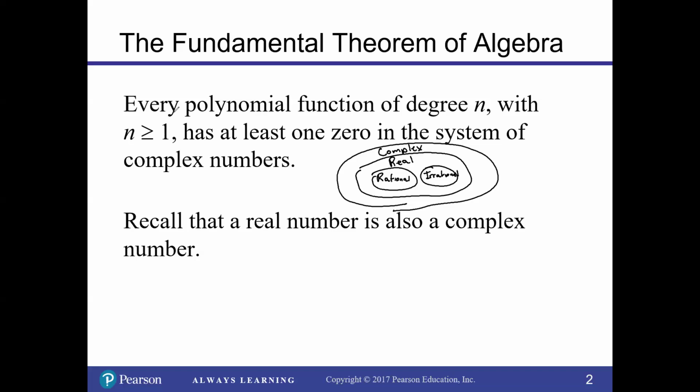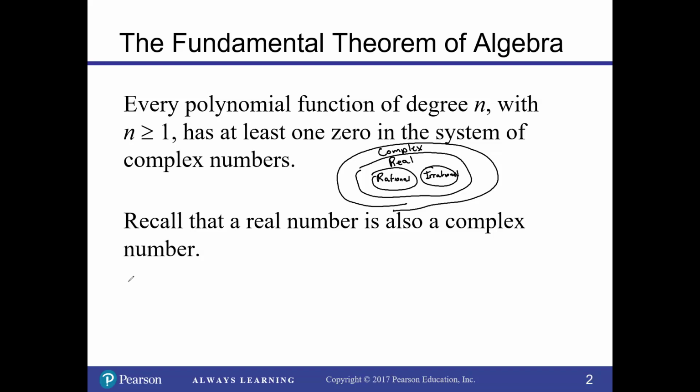This is really telling me that for a function of degree n, there has to exist at least one zero in the complex numbers, meaning I just have to have a zero. It could be a real zero, it can be a complex zero.